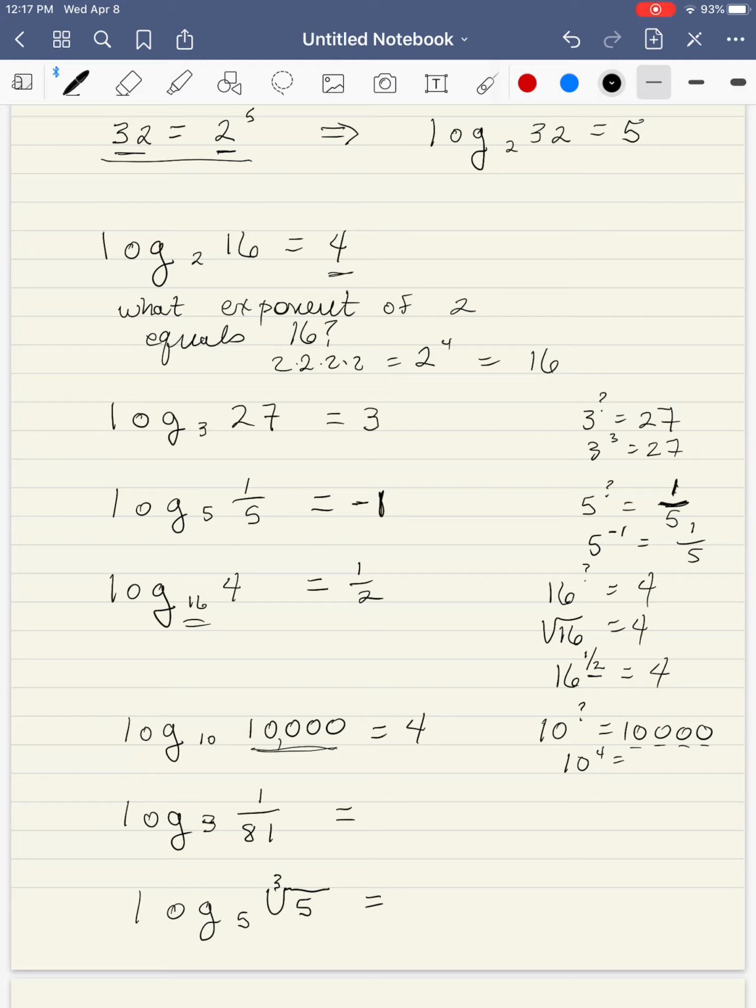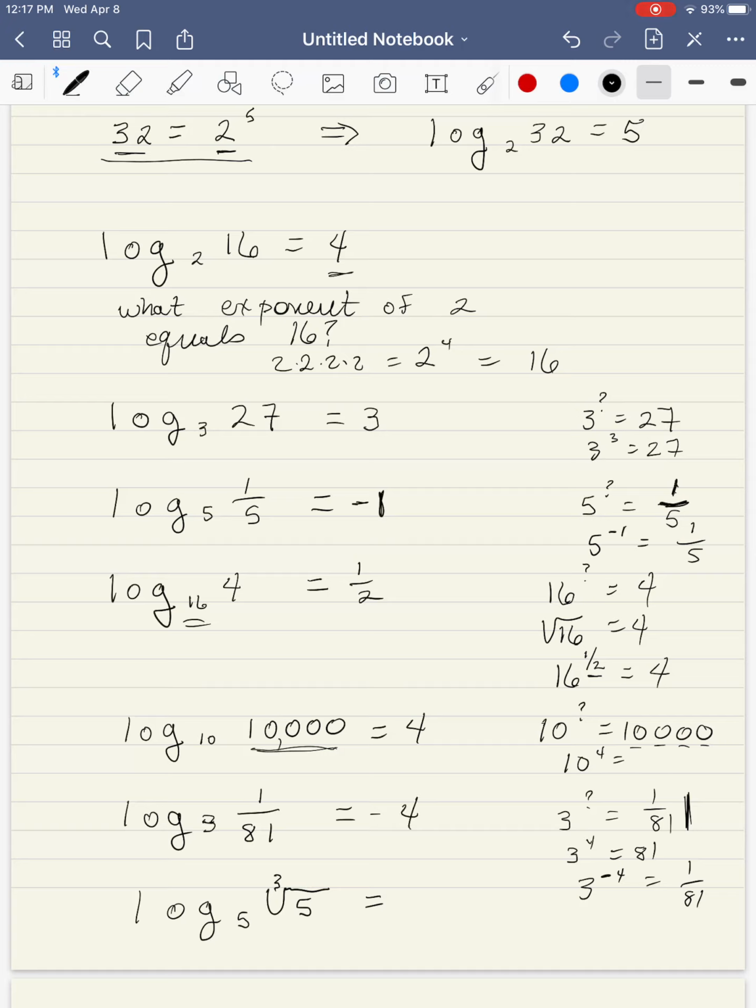Then if we have logarithm base 3 of 1 over 81, we're saying 3 to what power equals 1 over 81? Well, I know 3 to the 4th power equals 81, but I have 1 over 81. So that tells me 3 to the negative 4 power equals 1 over 81. So this one is equal to negative 4.